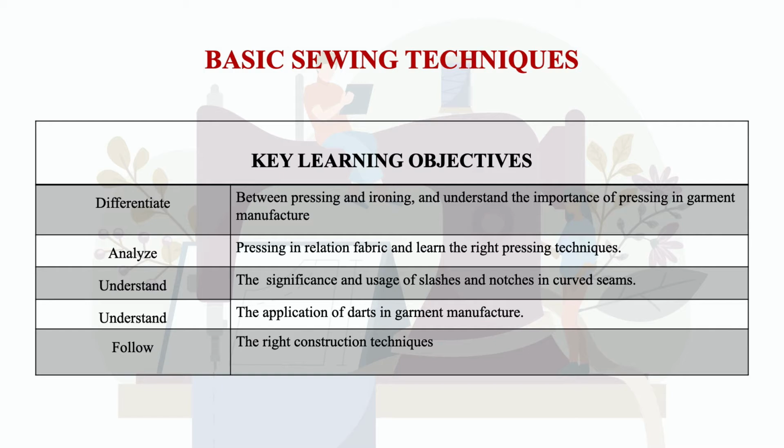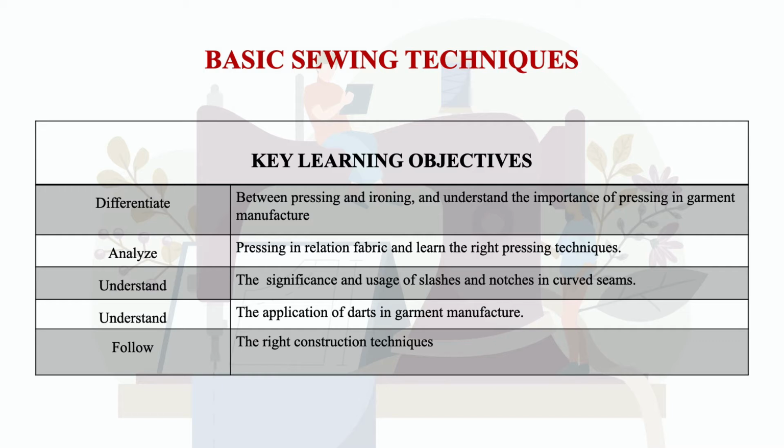Then you can understand the significance and uses of slashes and notches in curved seams, which is very important when we stitch at the curved part of the garment. You can understand why we do the slashing and notches in the curved seam spaces.